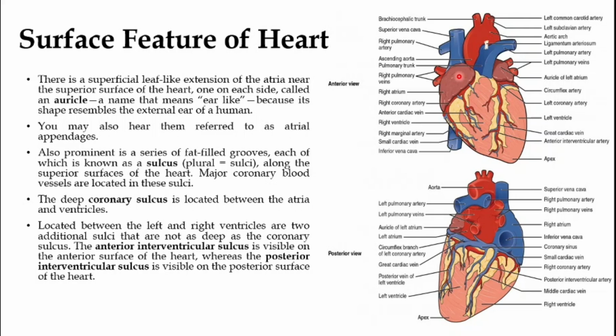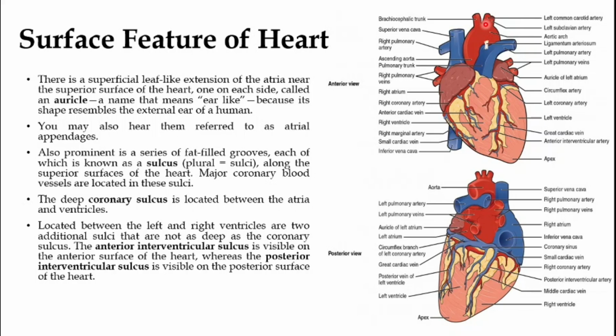You can see that this is the superior vena cava, and this is the inferior vena cava, through which the blood enters from all of the body to the heart. This is the aorta, and these are the branches of the aorta, giving oxygenated blood to all parts of the body.